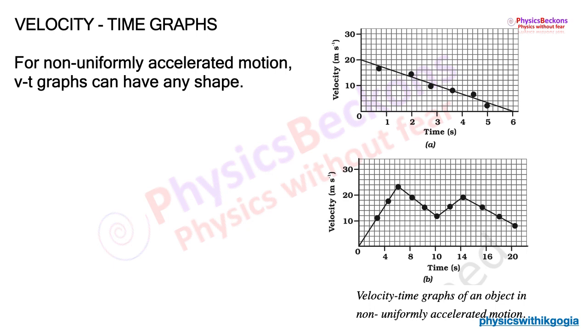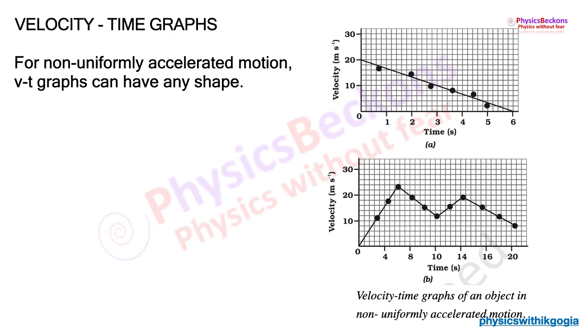In figure A, graph A represents the case where velocity decreases with time. As you can see, it is sloping downward, so velocity is decreasing with time. Here the body has negative acceleration or the motion is decelerated.